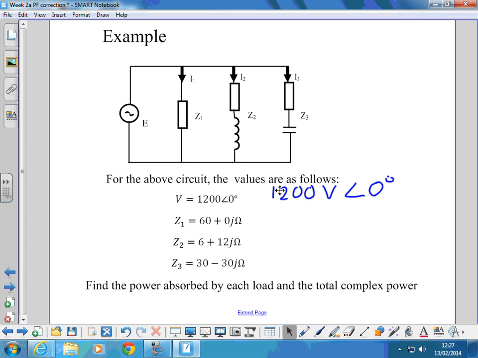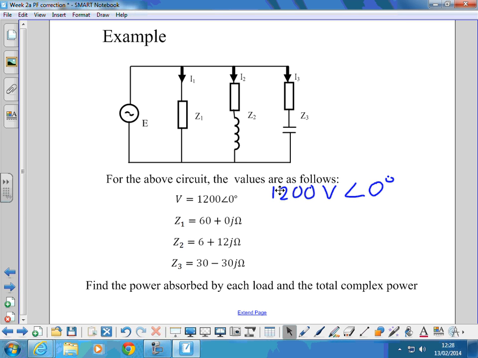Z1 is 60 plus 0j, that's in rectangular form. It's got a 60 ohm real part, no imaginary part. We could just write that as 60 ohms. That's a resistor of 60 ohms. Z2 has a real part of 6 ohms and an imaginary part of plus 12 ohms. Is that an inductor or is that a capacitor?